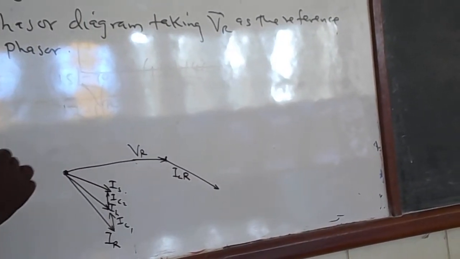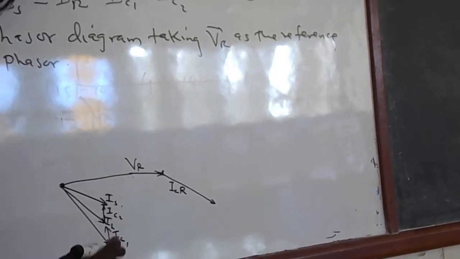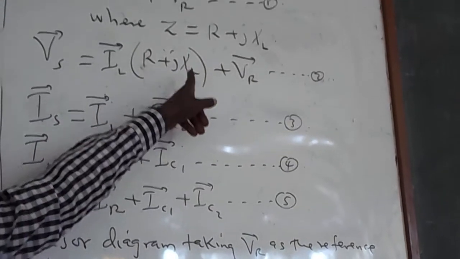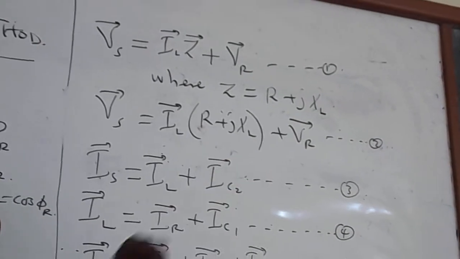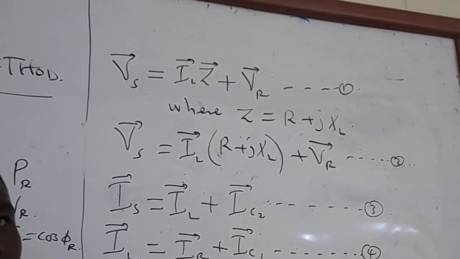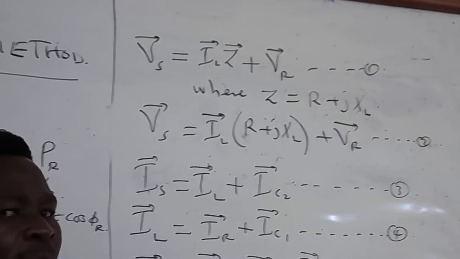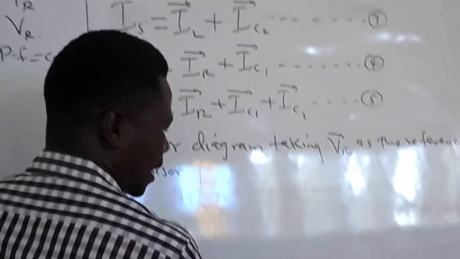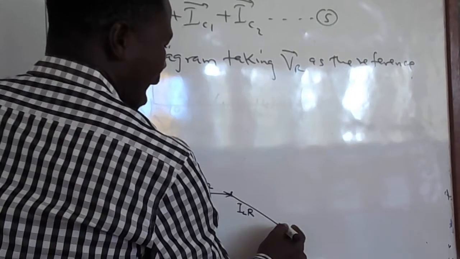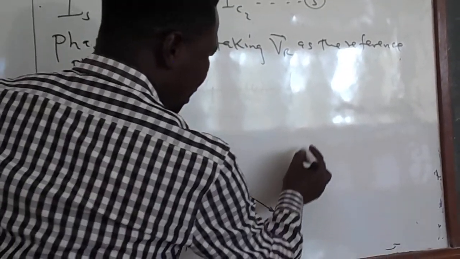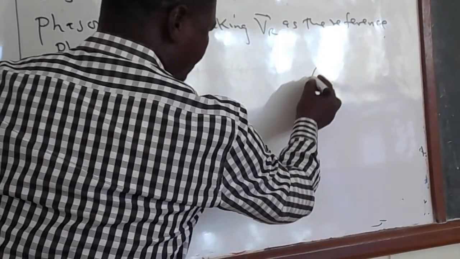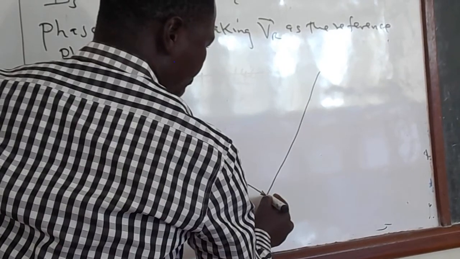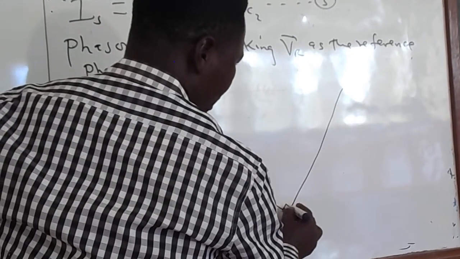And you remember that the resistance and the inductive reactance are out of phase by 90 degrees. Therefore, the angle between ILR and ILXL is 90 degrees.